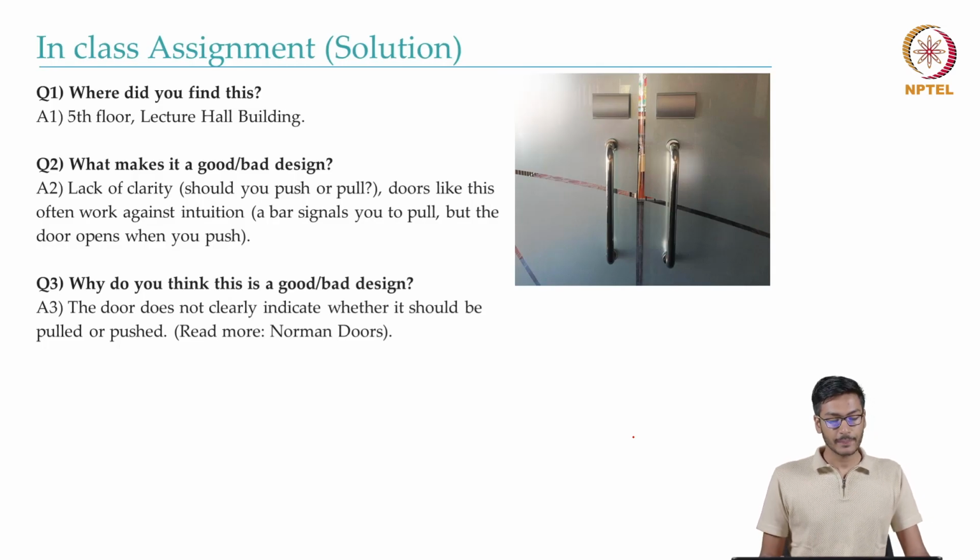What makes it a bad design is the lack of clarity, because you don't know whether you need to push or pull. Doors like this often work against our intuition. A bar signals you to pull, but it actually opens when you push the door. The door does not indicate whether it should be pushed or pulled, and hence it is a bad design.